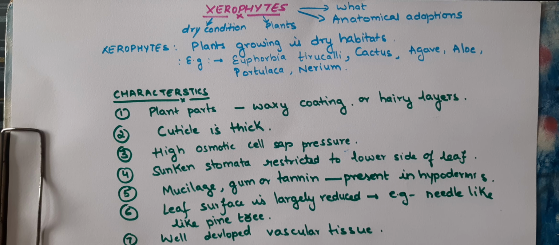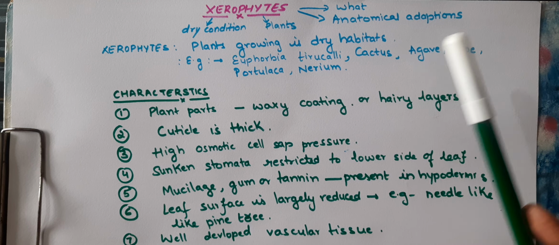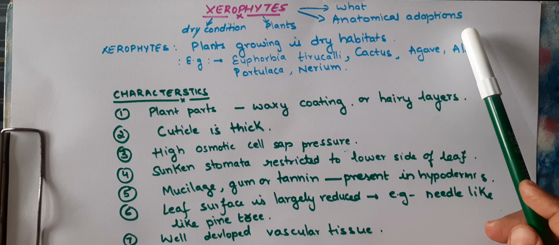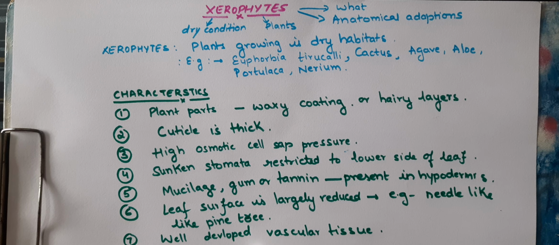So in this video, finally I will go through very fast. We discussed what the xerophytes are. So xerophytes are the plants growing in the dry habitat, and the anatomical adaptations of xerophytes we discussed in 7 points.